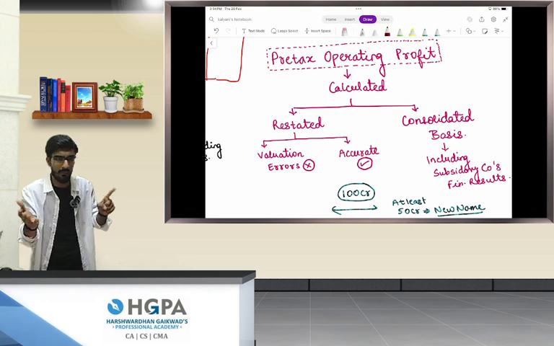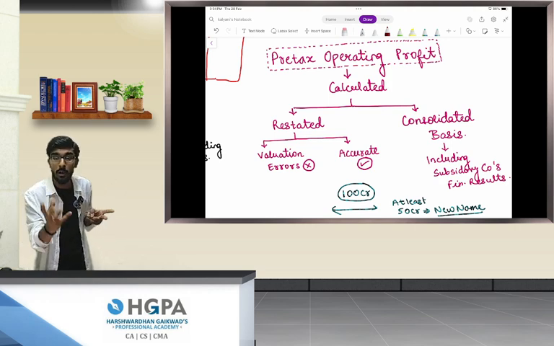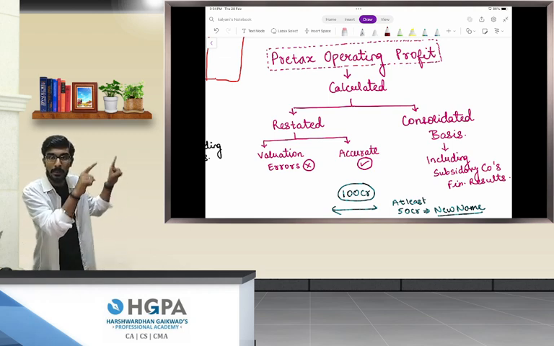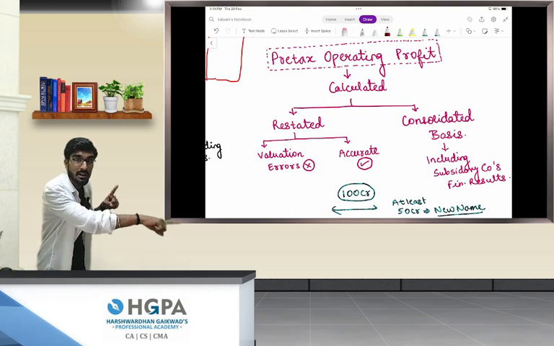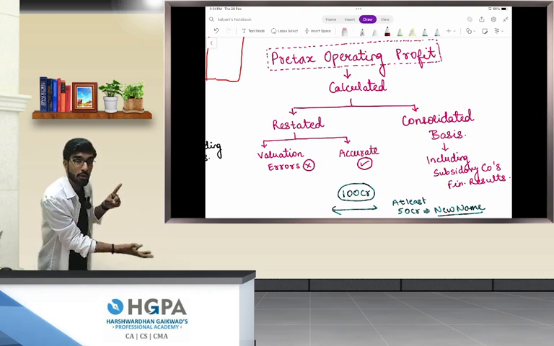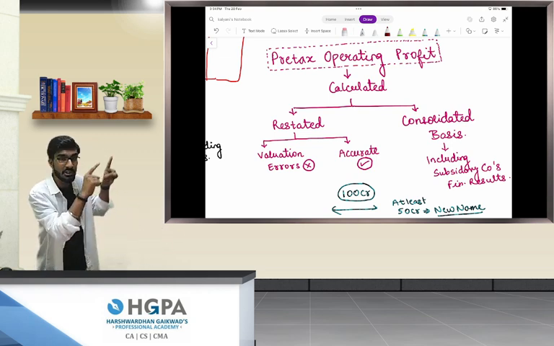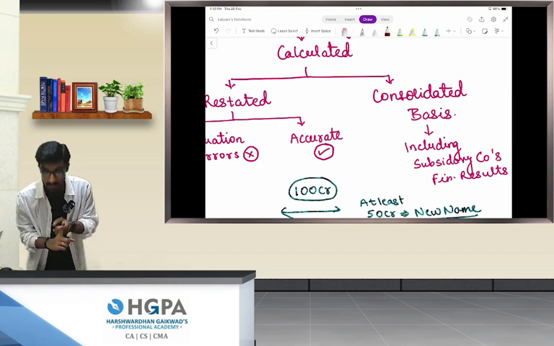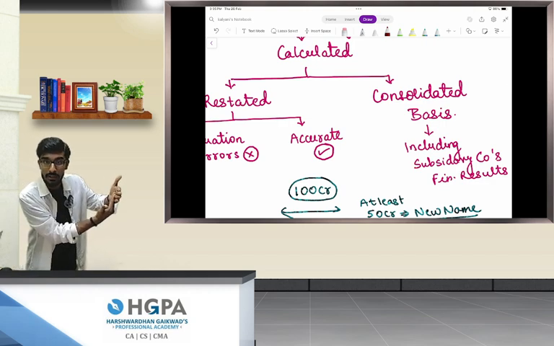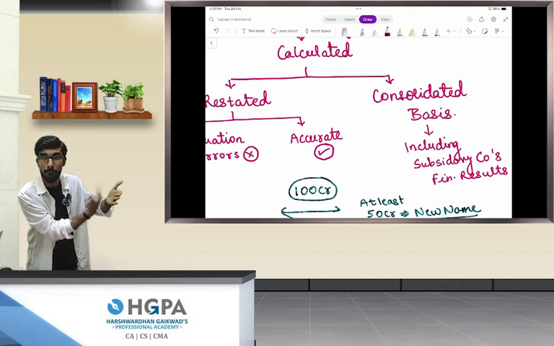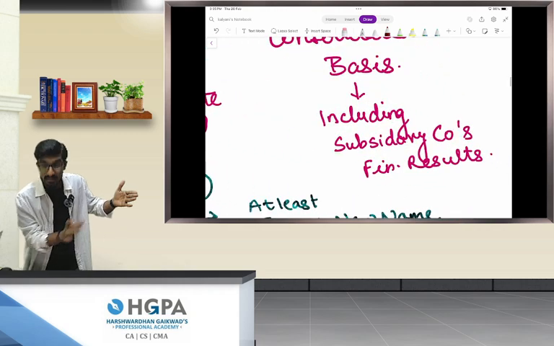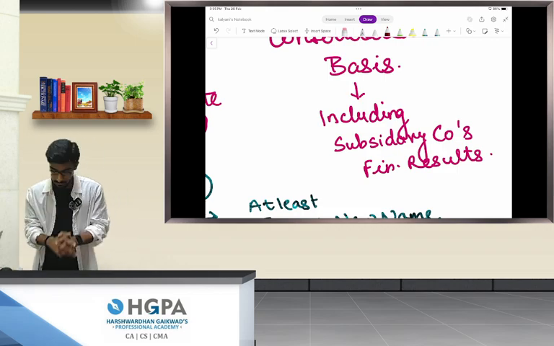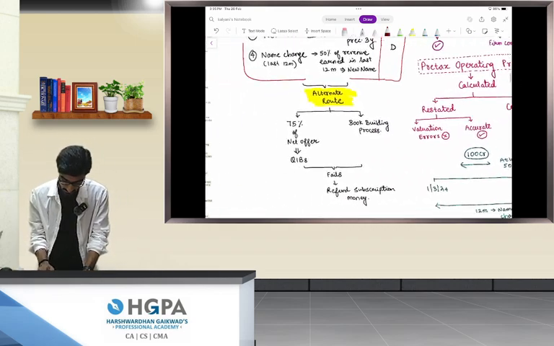Number two is, it should be on a consolidated basis. Consolidated basis means, if Lenskart is a parent company, all its subsidiary companies' financial results should also be reflected in the financials Lenskart is showing. Meaning the final pre-tax operating figure should also include subsidiary companies' financial results. Okay? Perfect? Yes, people.